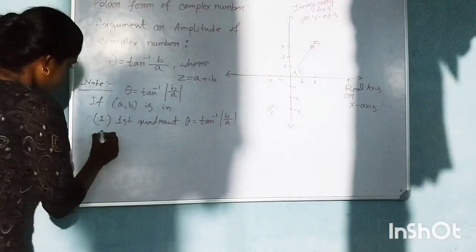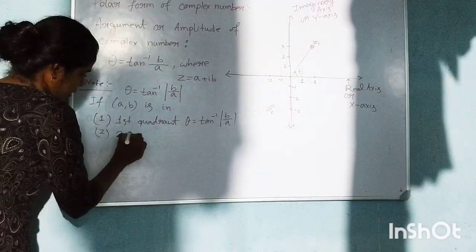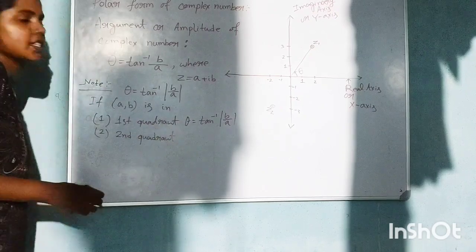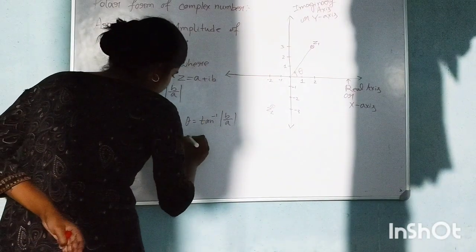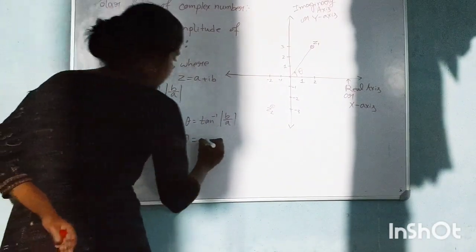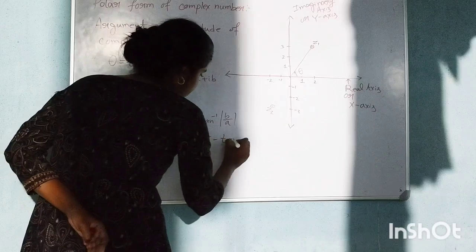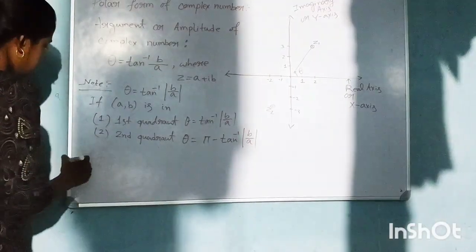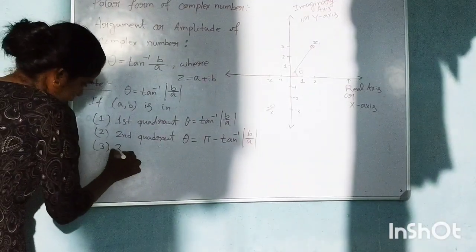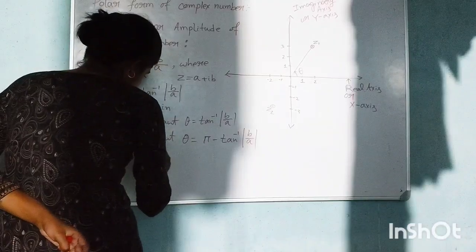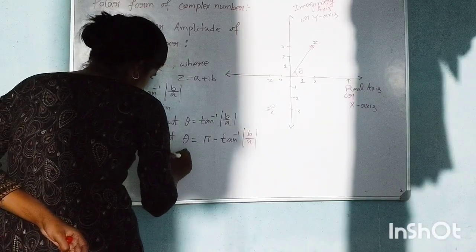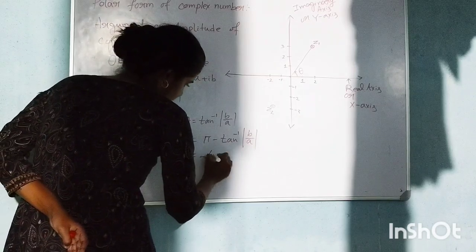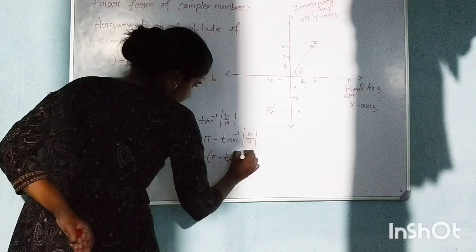If it is in second quadrant, then theta equal to pi minus tan inverse mod b by a. If it is in third quadrant, the theta will be minus pi plus tan inverse mod b by a.